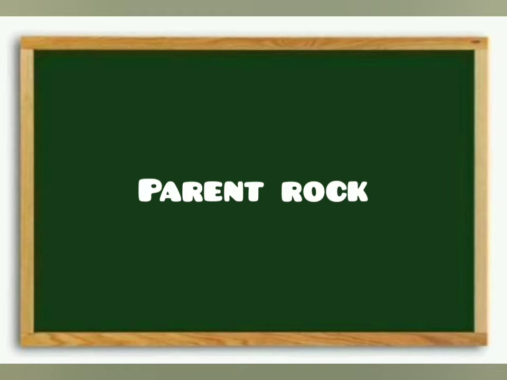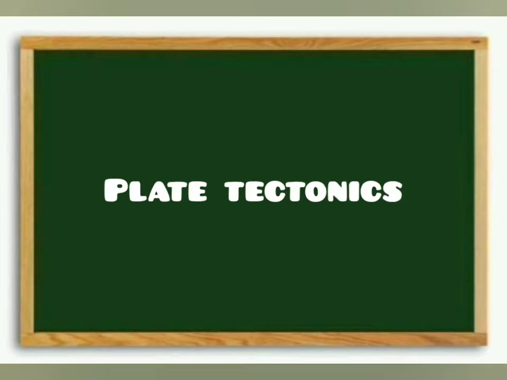Scientists explain the formation of physical features with many theories. Among them, one important theory is the theory of plate tectonics. Have you heard about this? Then today we can study what plate tectonics is.